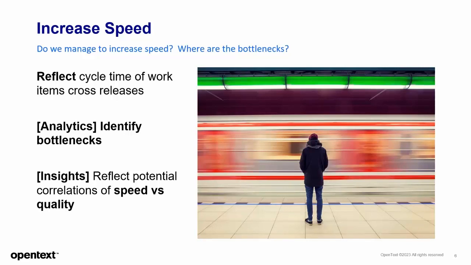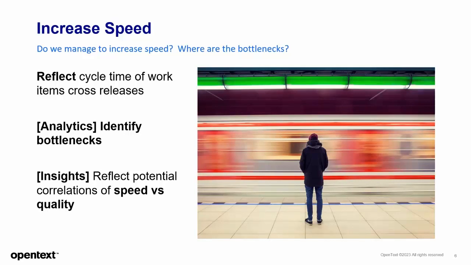So first of all, let's talk a bit about increasing speed. Well, the first step is, of course, to actually measure the speed and then reflect this on a trend to be able to quickly see whether or not we're actually improving. Then we can drill into this data to actually understand where our bottlenecks are and how we can improve those.